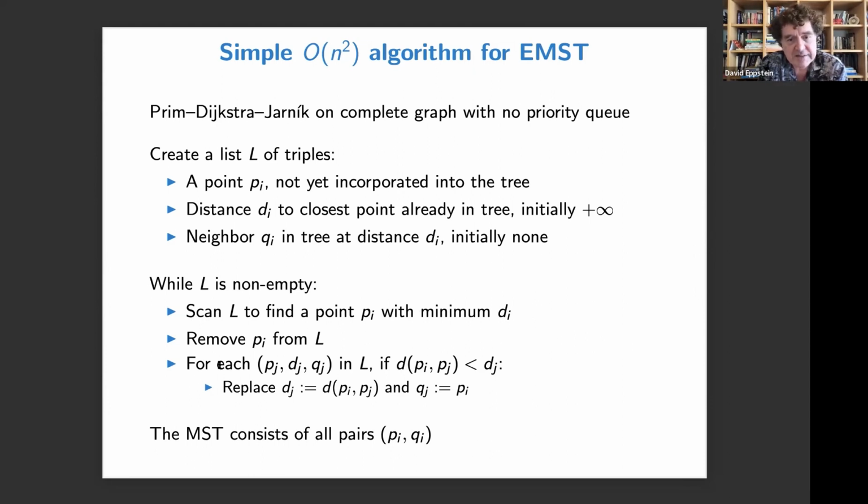Remove that point from the list and update everybody else's priority. And that takes linear time per point or n squared time overall. The minimum spanning tree consists of the pairs that you found in this way. So standard graph algorithms applied to the complete graph in n squared time.